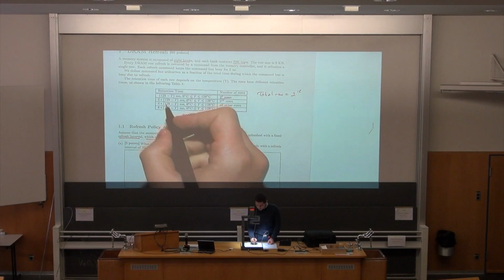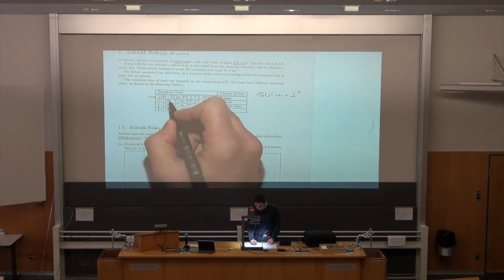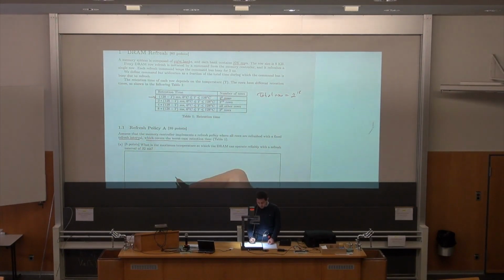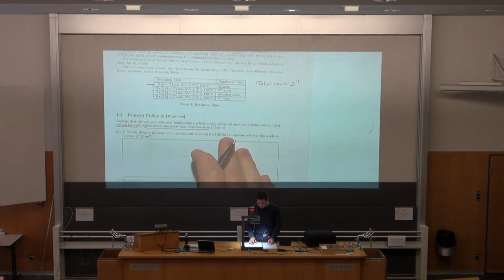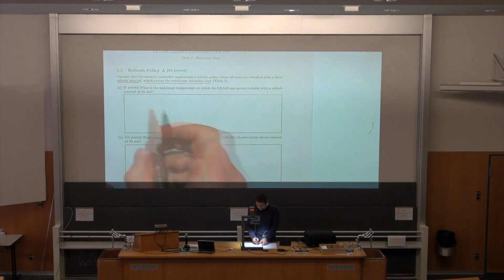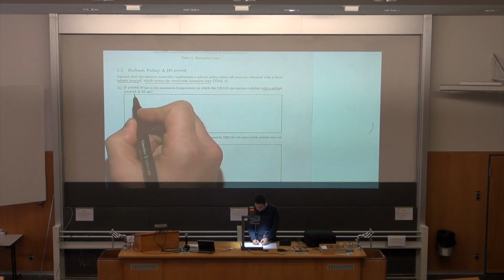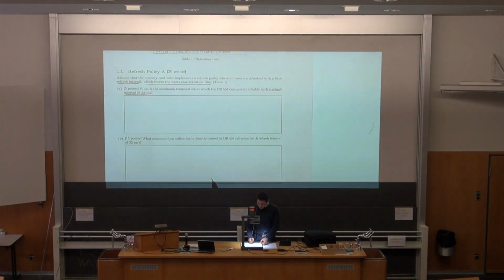According to this table, we will have our smallest retention time here, because it will always give us the smallest retention time unless the temperature is 0. Given that, let's assume that the refresh interval is 32 milliseconds. What can be the maximum temperature so that the DRAM can operate reliably?